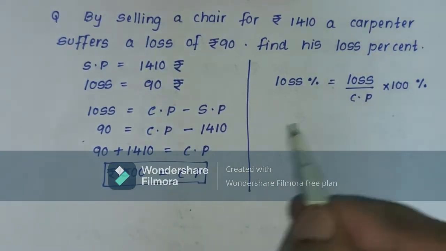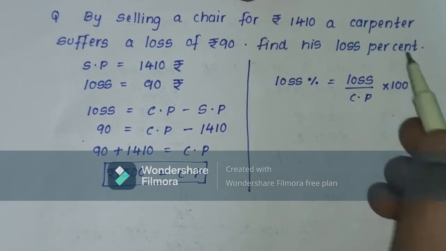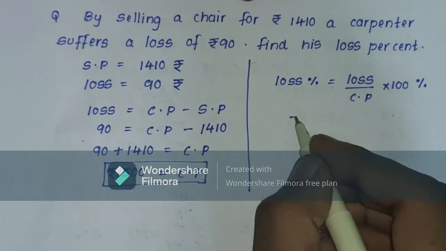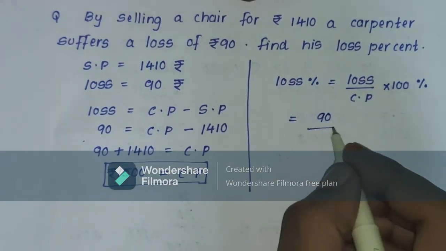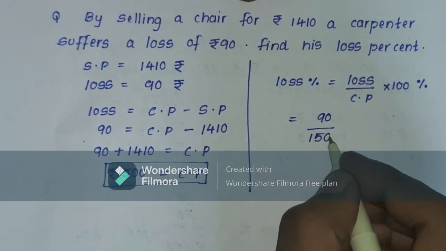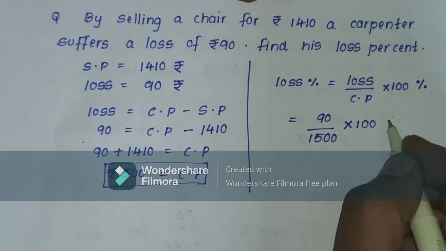So let us substitute the value. What is the loss amount? 90 rupees. And what is CP? 1500, that is 1500 multiplied by 100.